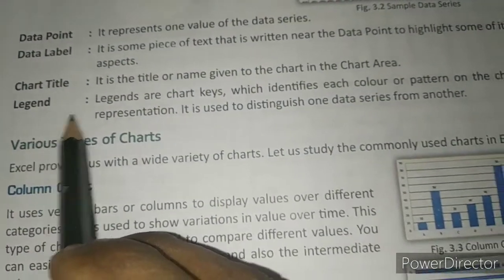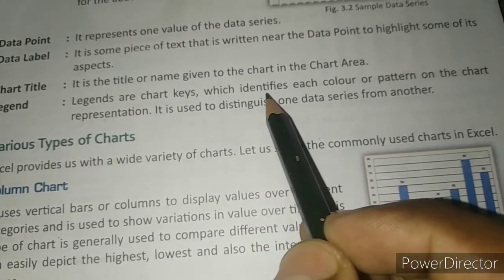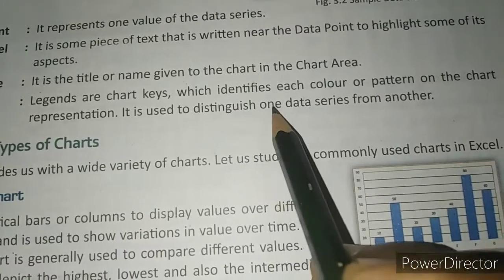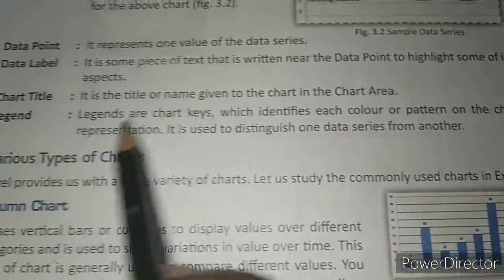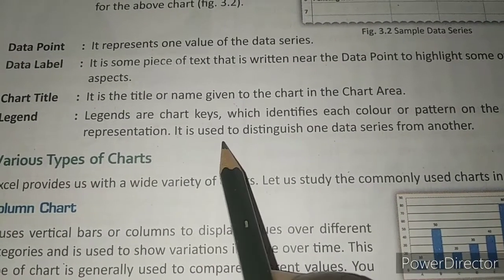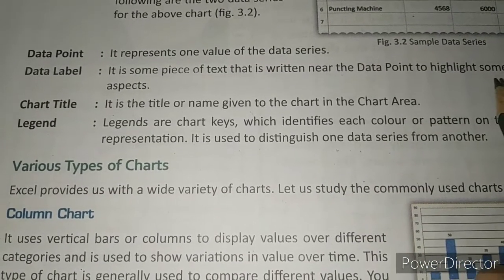Now the next thing is legends. Legends are chart keys which identify each color or pattern on a chart. It is used to distinguish one data series from another.